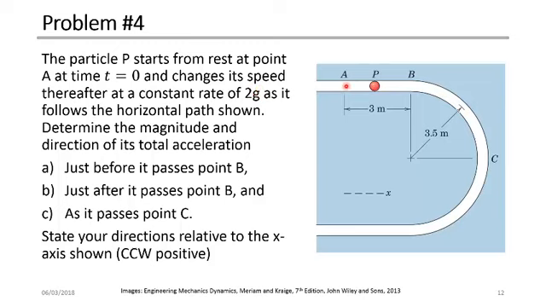Okay, so the acceleration is constant between point A and point B, and it's 2g, and the distance here is 3 meters. Determine the magnitude and direction of its total acceleration.